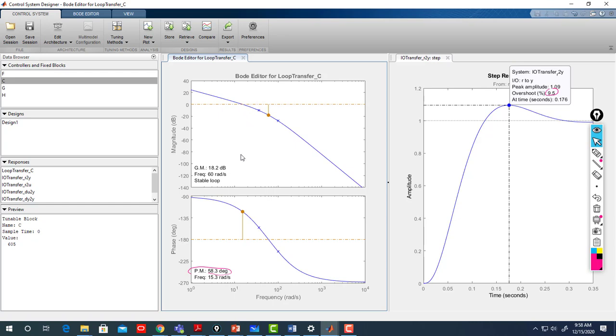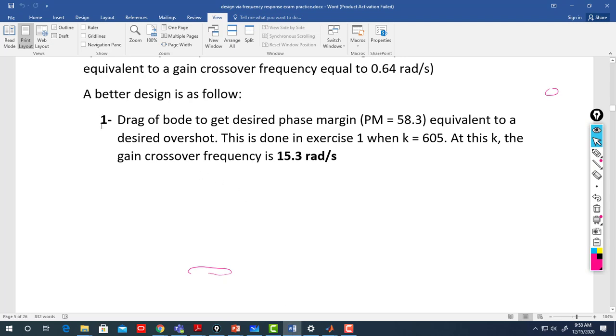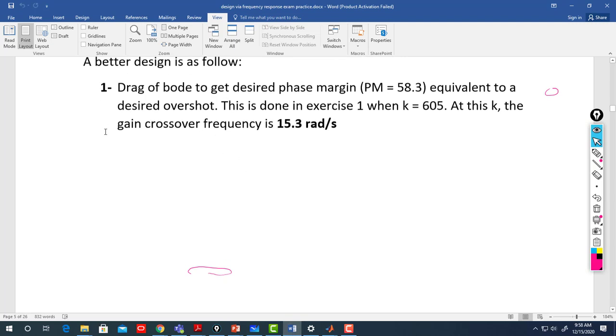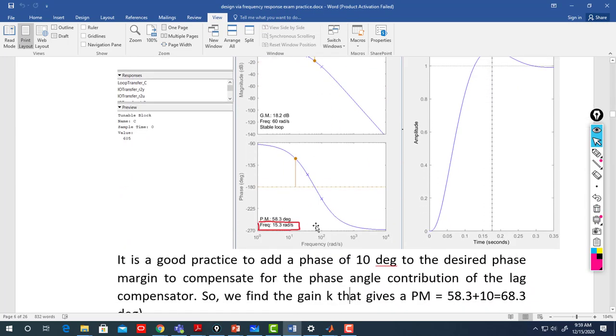At 0 decibel, you go and you get the gain crossover frequency of 15. We look at it because it reflects the speed of the system. Okay, so this is step 1, easily done in the first exercise. So what's next? What's new?